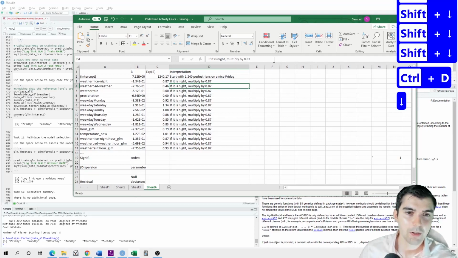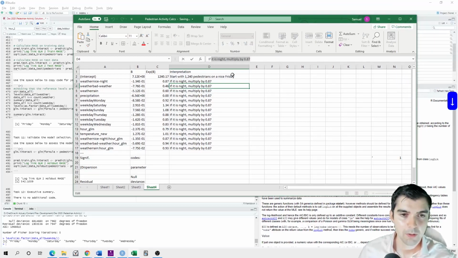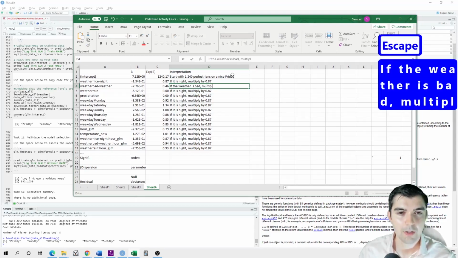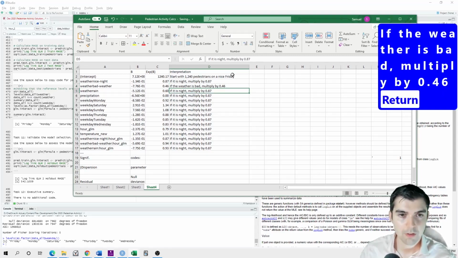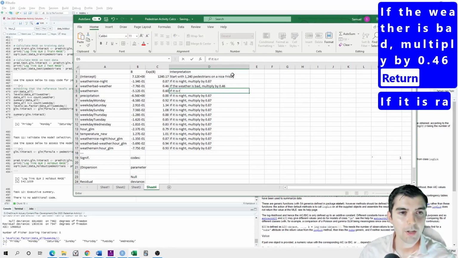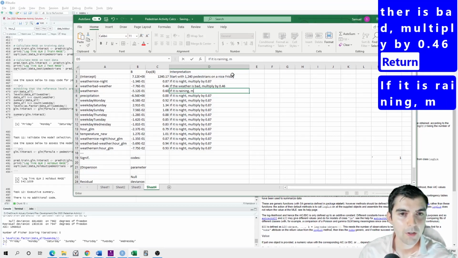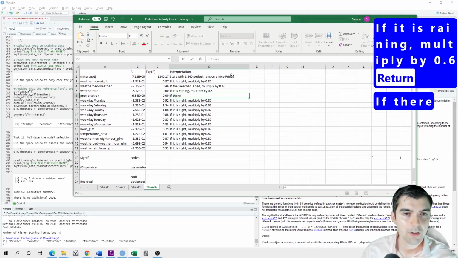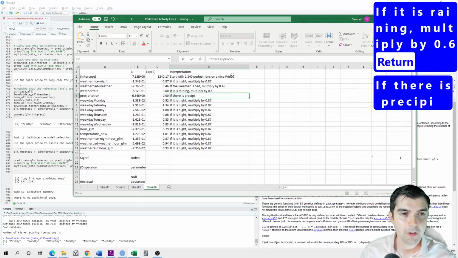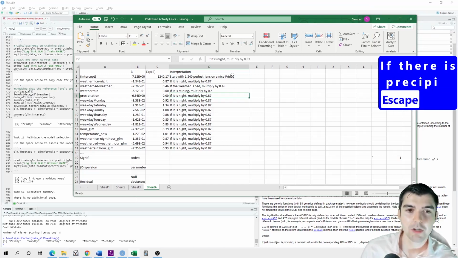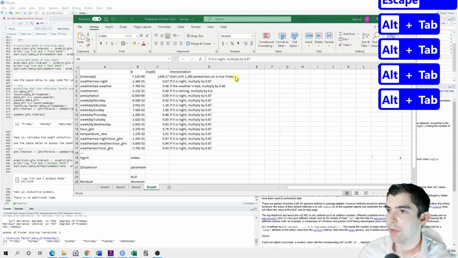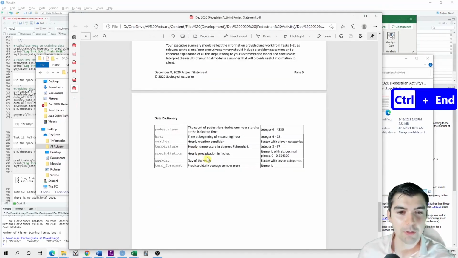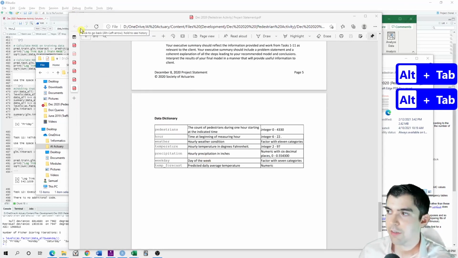If the weather is bad, multiply by 0.46. If it is raining, by 0.6. If there is precipitation, oh no, this isn't binary. Remember, precipitation is like the number of inches of rainfall. Let's look again. So precipitation is the hourly precipitation in inches.